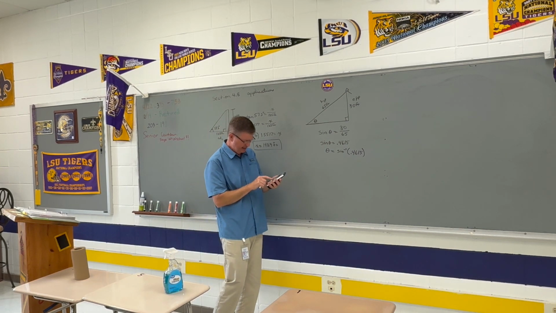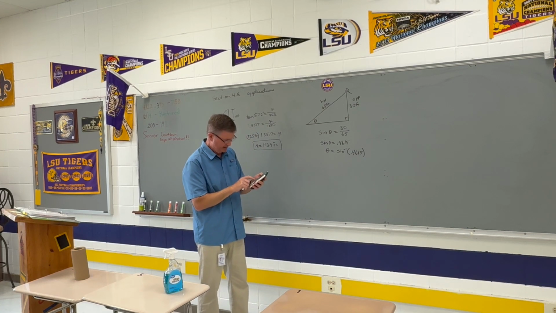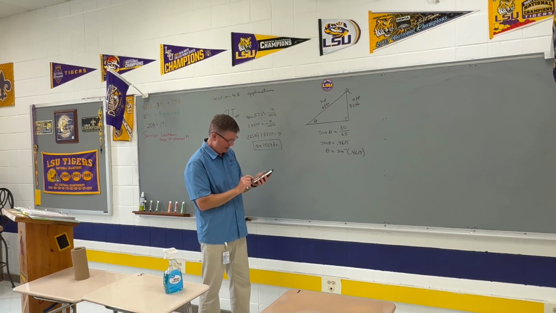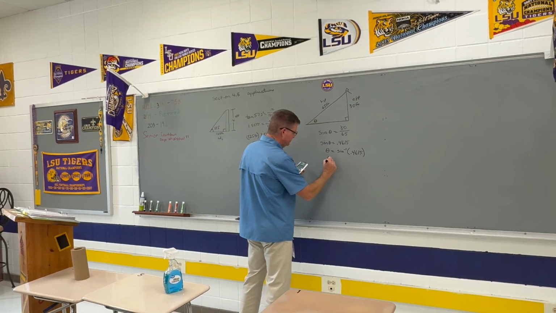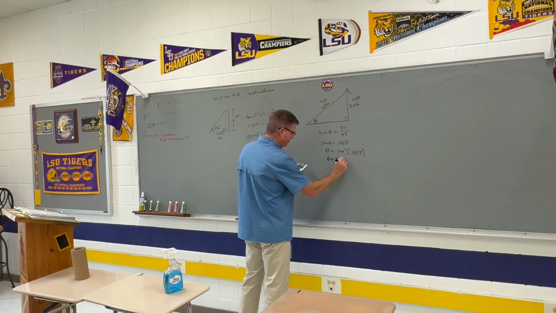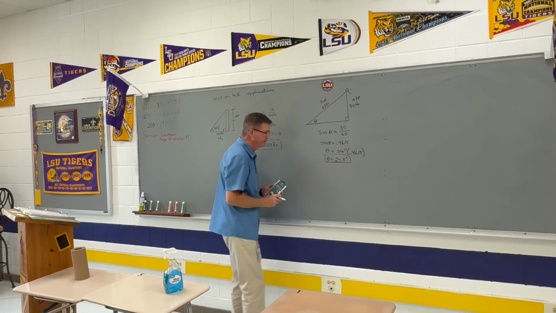On top of your sine button, you should have a little sine inverse button. So we press the green, hit that, put in the 0.4615, and we look at it, and theta comes up to be 27.5 degrees. Theta is 27.5 degrees.